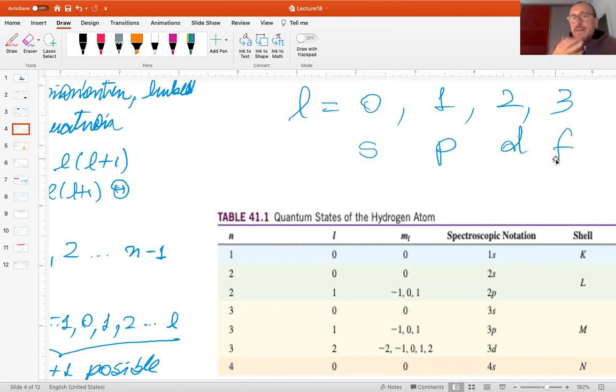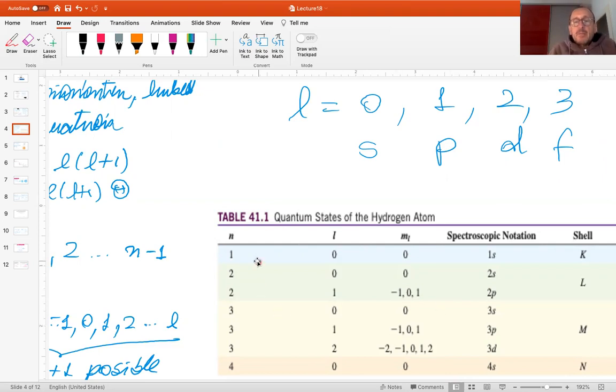Then G is next, you know, the next letter. They ran out of imagination to name them, and then they just follow the alphabetic order.